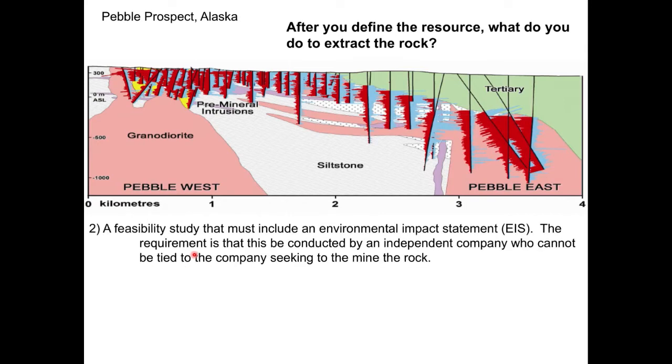Second, the mining company has to do a feasibility study that includes an environmental impact statement, typically abbreviated as EIS. This, in the case of the Pebble Prospect, is why the mining company has not yet been able to secure the social license to operate, because the environmental impact statement has to be done by a third-party company, not the mining company, but a third-party company for whom it can be demonstrated they are unbiased, and they have to produce an environmental impact statement that satisfies all stakeholders.